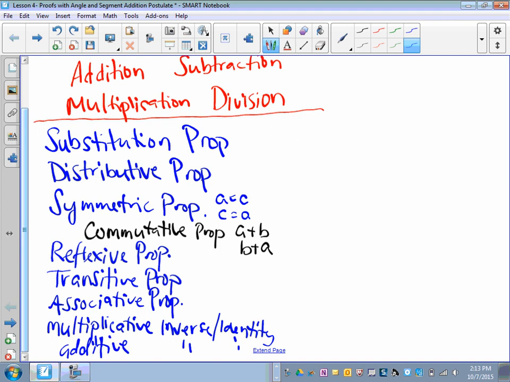Okay. So those are what we use to solve our algebraic proofs, and again we'll use that for our geometric ones. But let's take a look now at some of our geometry terms that we'll be using.